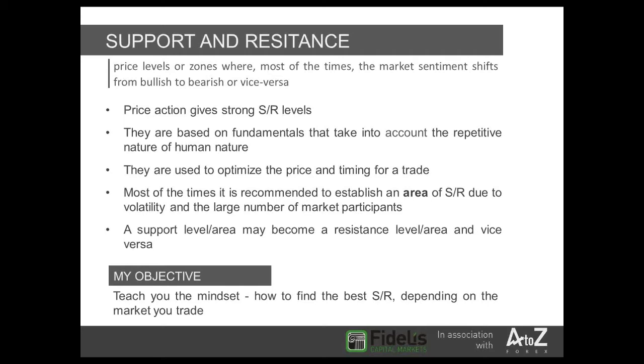You need to allow space, because there are a lot of traders in this market, and the market can slip for a few pips or 10 or 20 pips above or below the level that you're looking at. So just keep this in mind. Allow some space for support and resistance, and create areas of support and resistance, because you have a lot to gain.